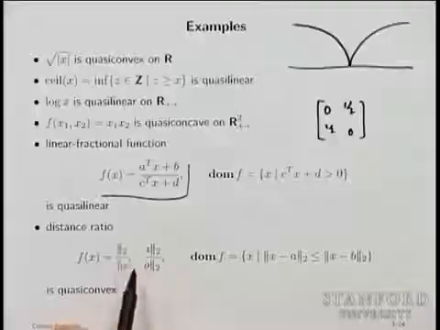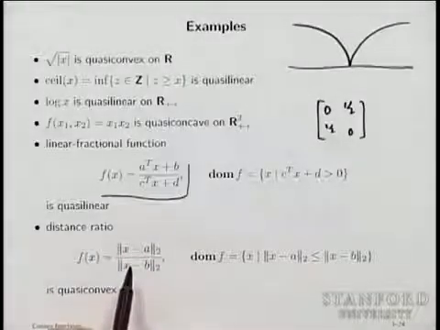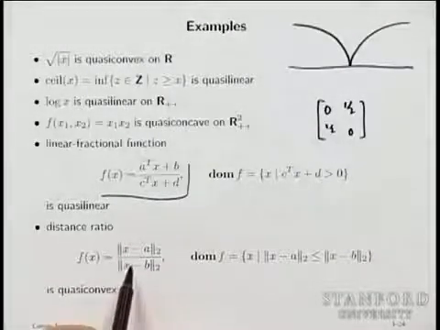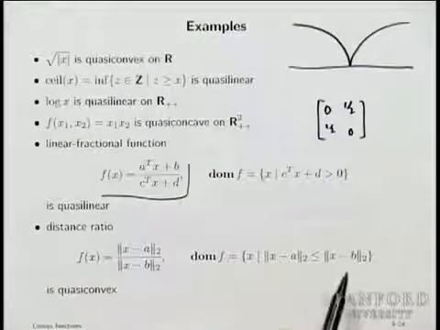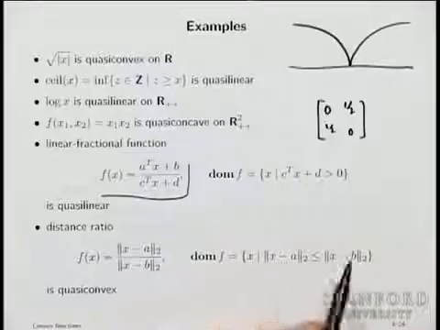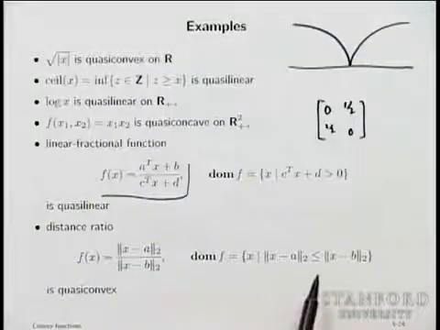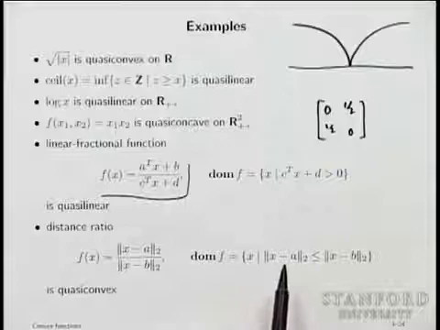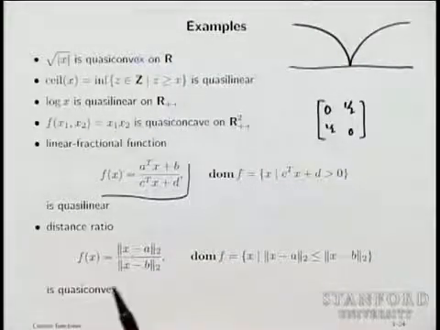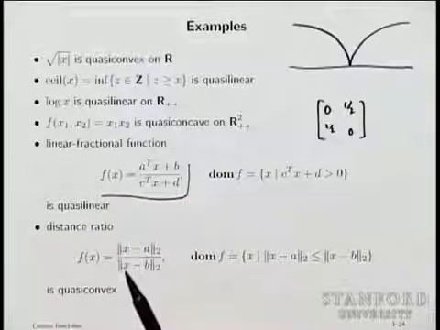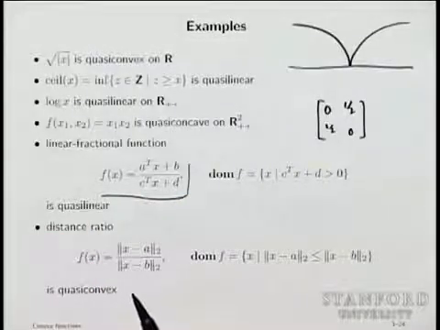A linear fractional function is going to be quasi-convex and quasi-concave. There are famous problems that have this form. Here's an interesting one: distance ratio. The ratio of your distance to 2 points, on the set of points where you're closer to one than the other. That's a half space, right? So as long as you're closer to one thing than another, the ratio of your distance to that one over the other is going to be quasi-convex.